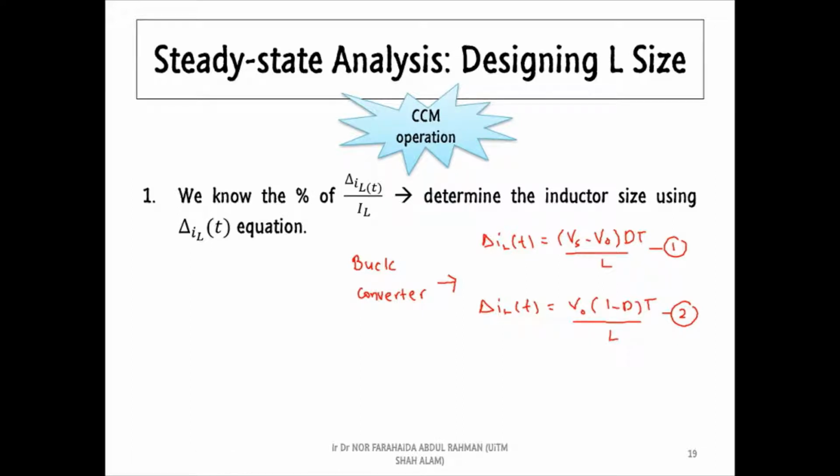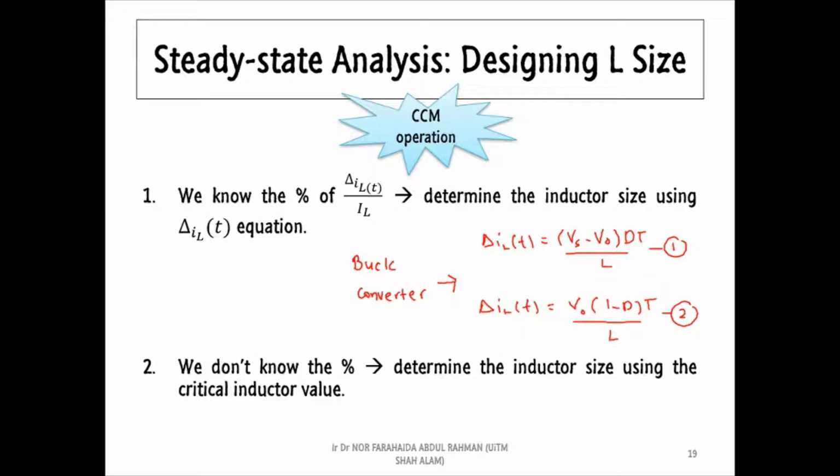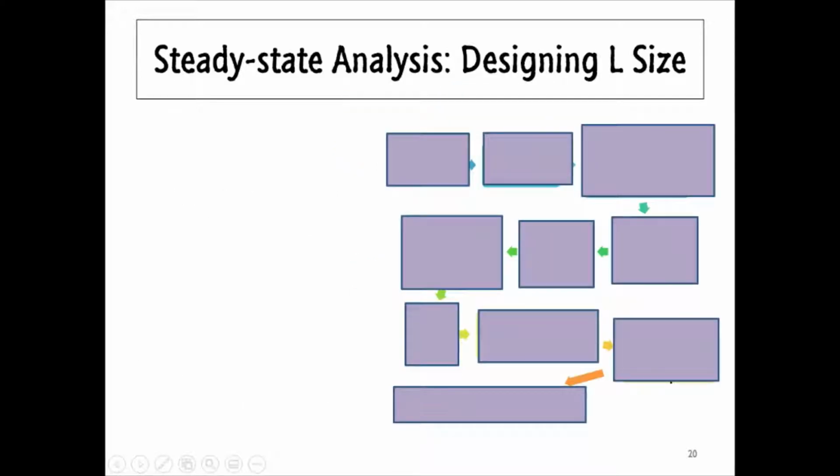Nevertheless, if the percentage of the ripple inductor current is undecided, we need to identify the size of the inductor using the critical inductor value. As usual, I will show you how to design the inductor of a buck converter using the critical inductor value.